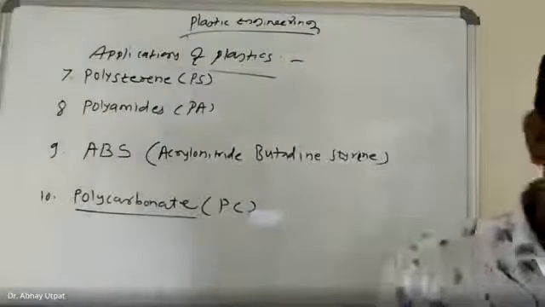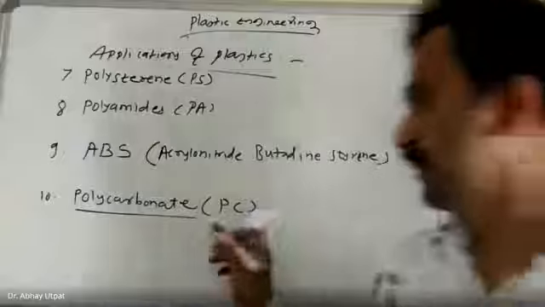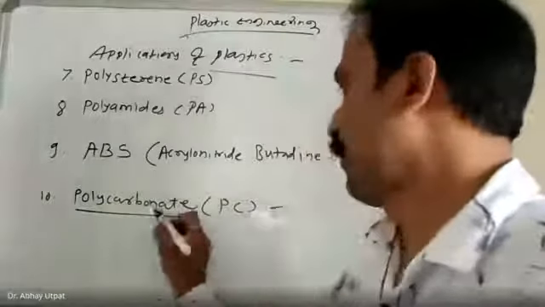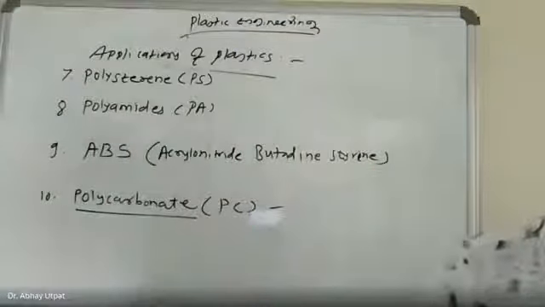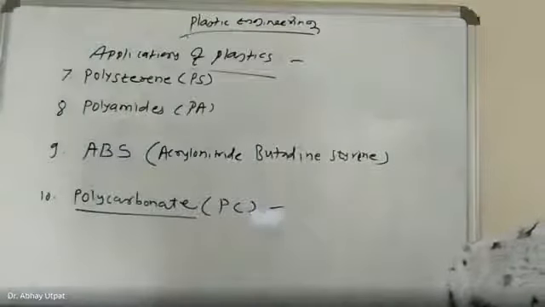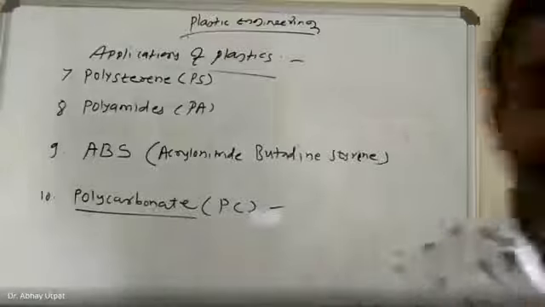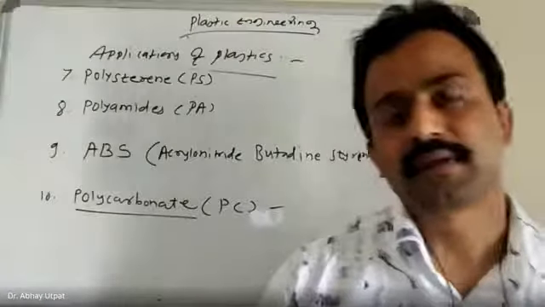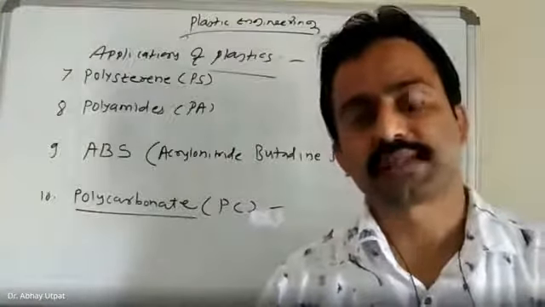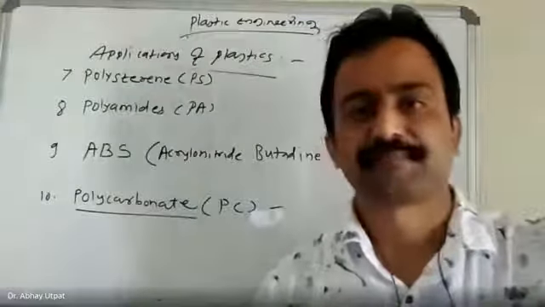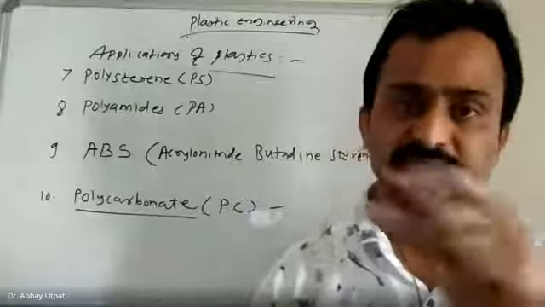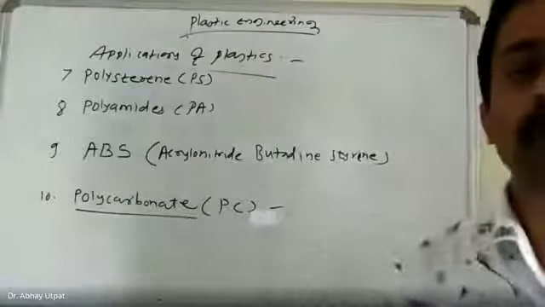Best application of polycarbonate is CDs, compact discs, CD drives. Eyeglasses, I already told you. The specs you are using may not be glass. It is a plastic. Which plastic? Eyeglasses are polycarbonate.